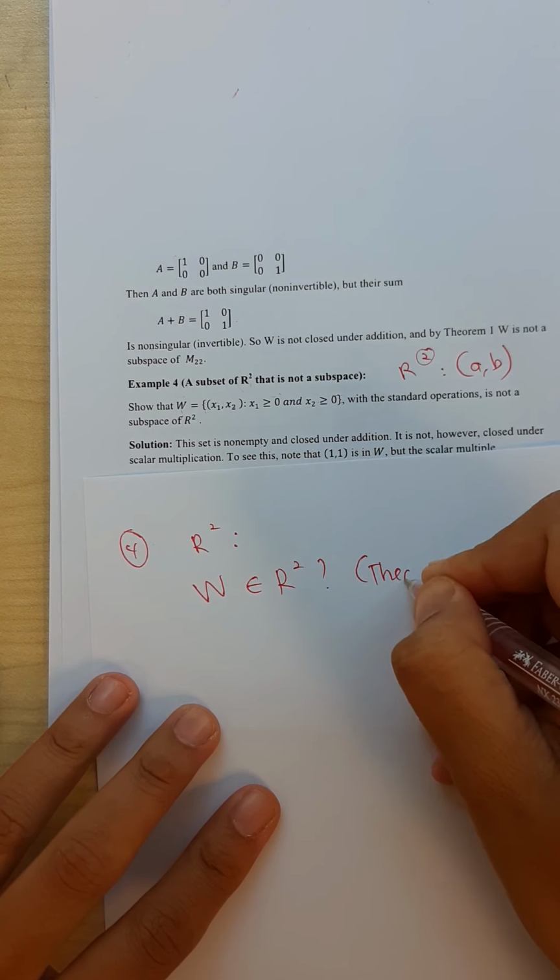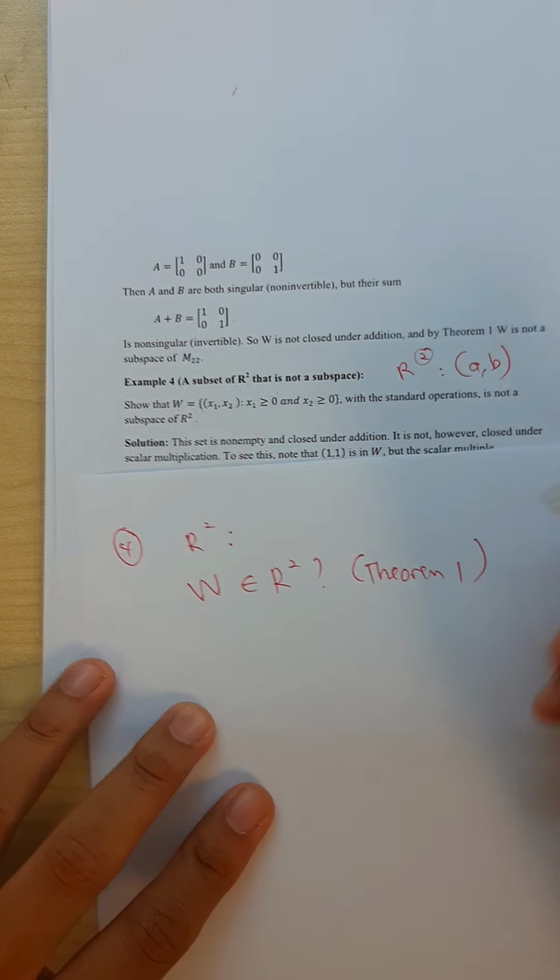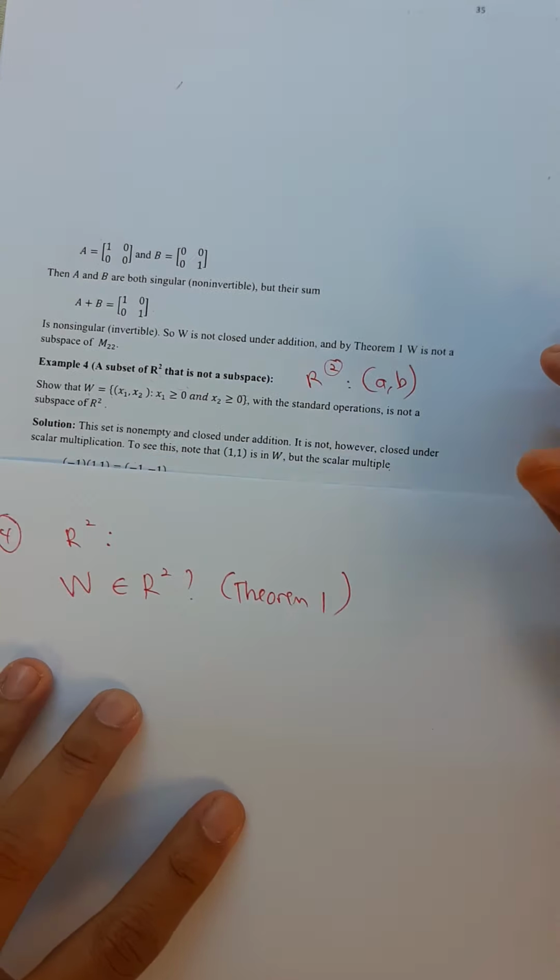So example 4. In example 4, you are given R2, and the question wants you to check if W is a subspace of R2 or not. How are you supposed to check? You're going to have to use theorem 1. In theorem 1, there are 2 things for you to check, which is the addition and also the scalar multiplication.